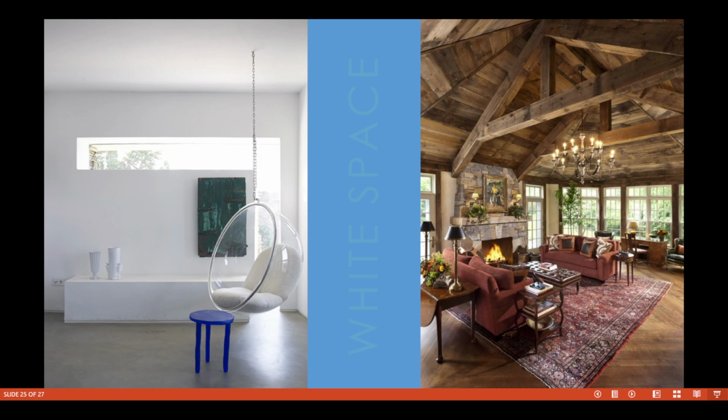Here there are two examples of white space. You can see on this one the space has been left open with only the carpet moving into the picture. And here you can see a very moderate amount of decor being used.